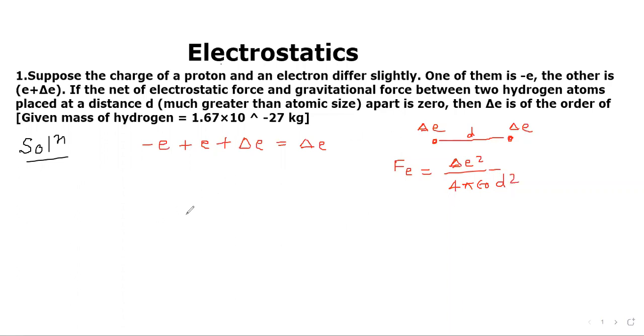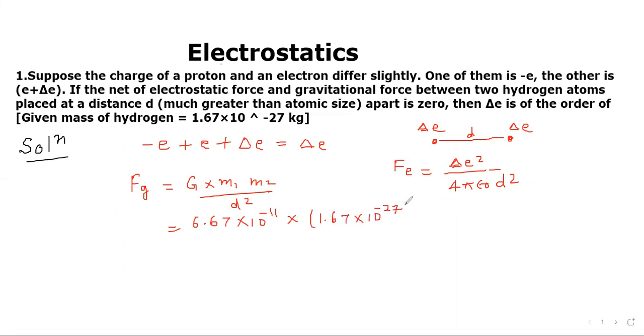Now gravitational force. So Fg is equal to capital G m1 m2 divided by d square, that is 6.67 into 10 to the power minus 11 into the mass of a hydrogen atom, that is 1.67 into 10 to the power minus 27, whole square, divided by d square.